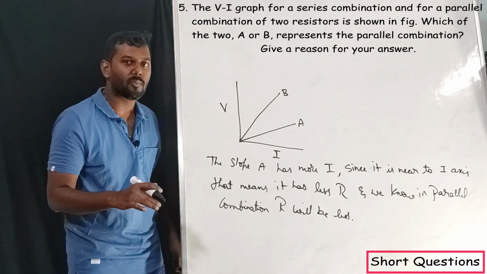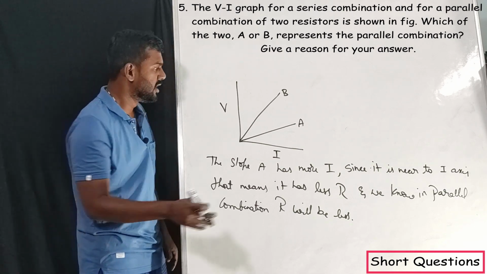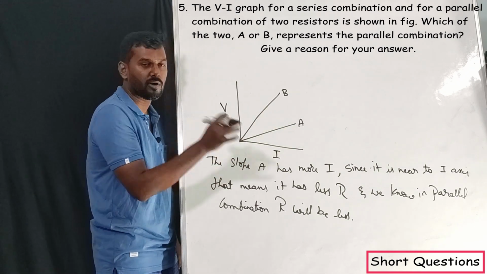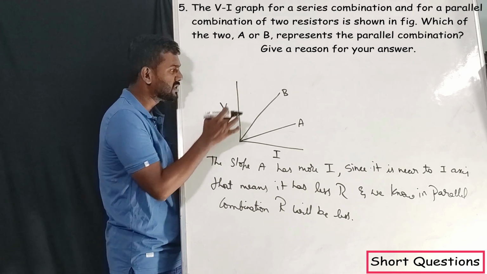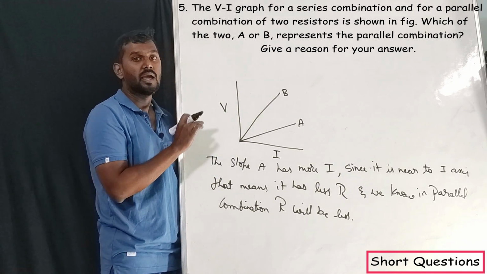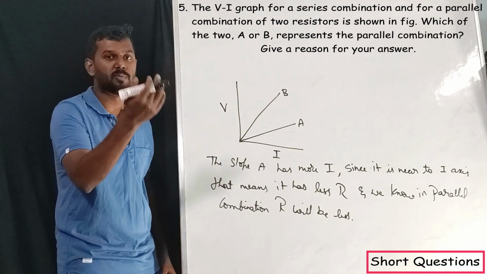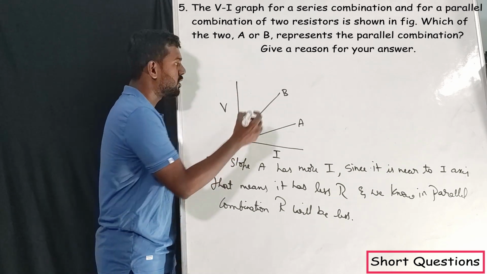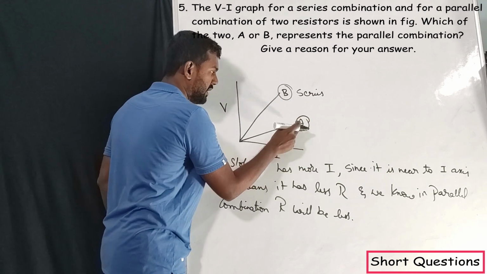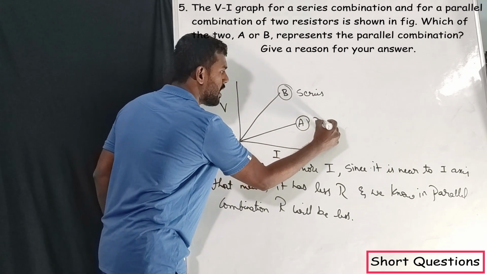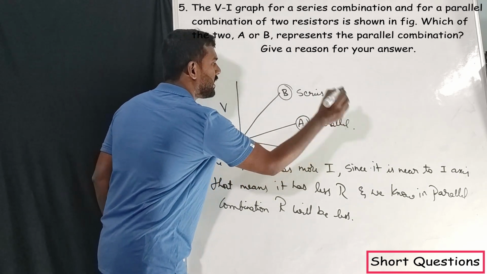In parallel combination resistance will always be less, so this is the answer we are looking for. If the slope is near to voltage, it has less current, and resistance will be more. If the resistance is more, B is in series. Resistance is less, so A is in parallel combination.